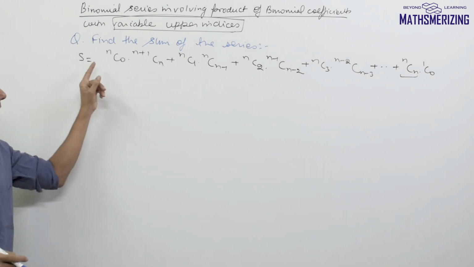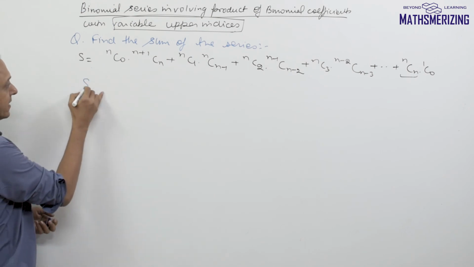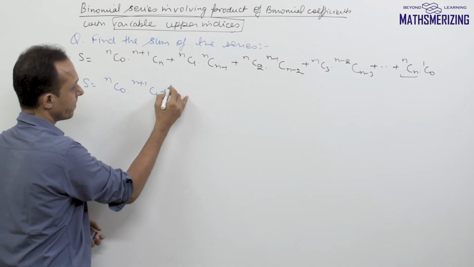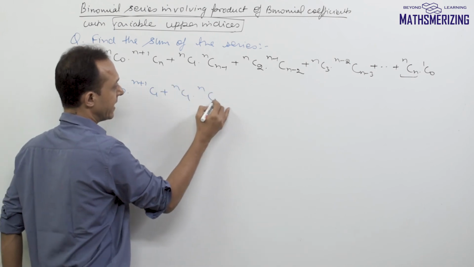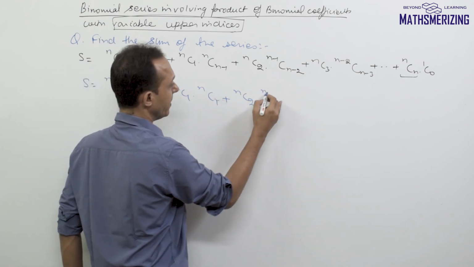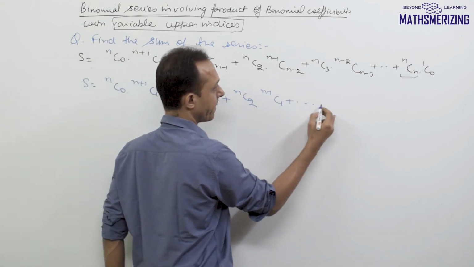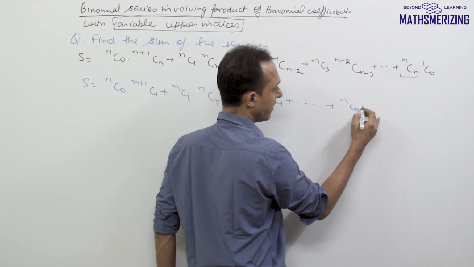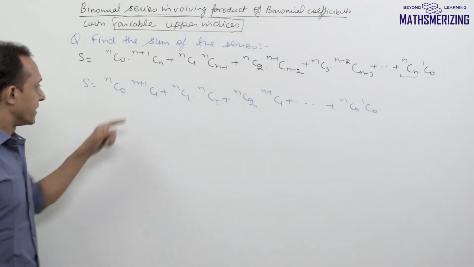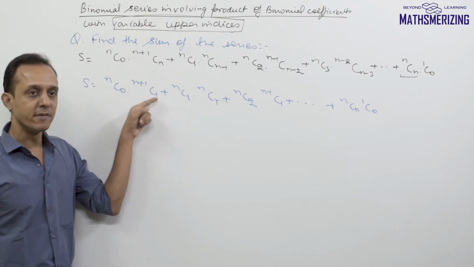Now another way of looking at the same question can be, I can write this series as nC0, and this is n plus 1 C1, nC1, this is nC1, nC2, it'll be n minus 1 C1 and then nCn, and that is 1C0. So in each case, it is nothing but nC1, and nC1 is simply n.